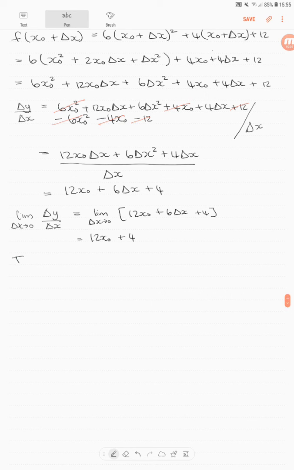Section 6.3 is the concept of the derivative and slope.